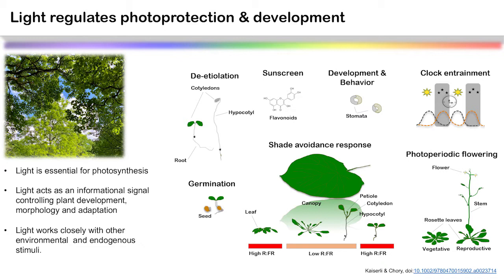This is just an example of many physiological processes that are regulated by light throughout the life cycle of the plant. From germination to de-etiolation or photomorphogenesis, which is where the plants emerge from soil and see light for the first time, to the production of natural sunscreen that accumulates on the epidermis of plants, photoprotective compounds.